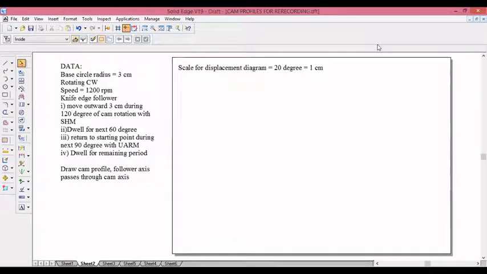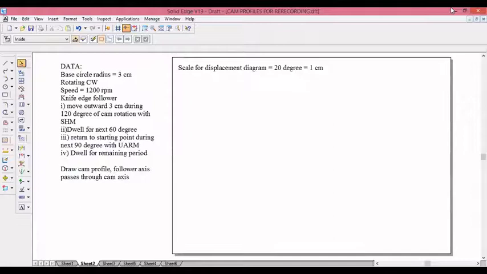A CAM with 3 cm as minimum radius is rotating clockwise at uniform speed of 1200 rpm and has to give the motion to the knife edge follower as defined below.